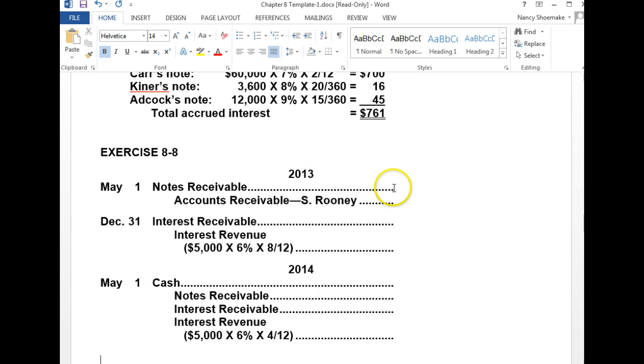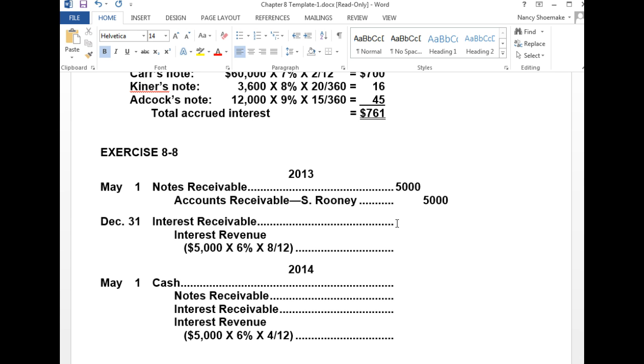Again, the first thing we'll want to do is record the note receivable. What are we going to do there to record that note receivable? How much? 5,000. The interest receivable on that note, 5,000 at 6% times 8 out of 12 months is going to be how much, guys?